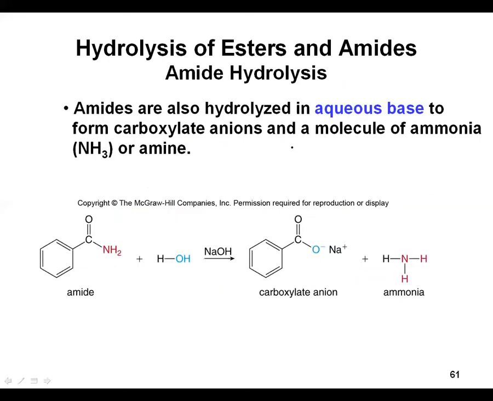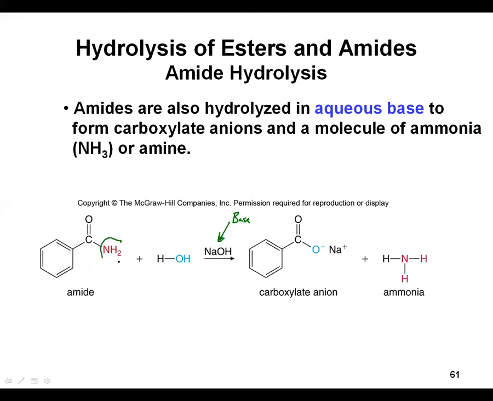Now we also can do a hydrolysis reaction, which is a base hydrolysis. And in the base hydrolysis, which is why we have the base here, a similar sort of process occurs, except that what's going to happen is same idea.